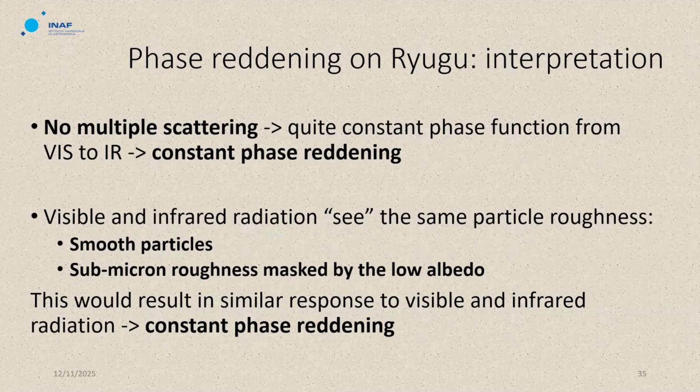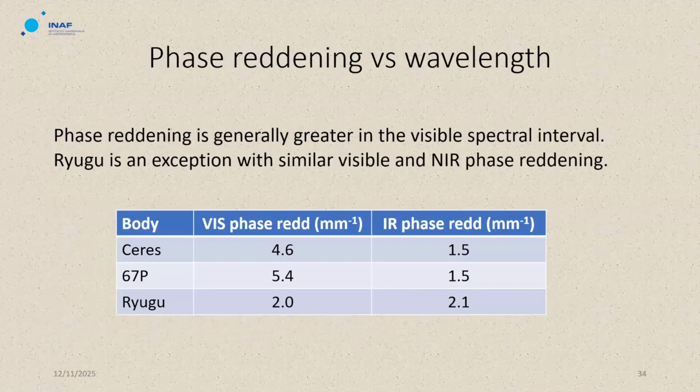This is a possible explanation, but it is not fully convincing because also in the case of other asteroids which have a constant reflectance, this variation between visible and infrared phase reddening has been observed. For example, in the case of Ceres, there is not a strong variation of reflectance between visible and near infrared, but the phase reddening varies 3 times.